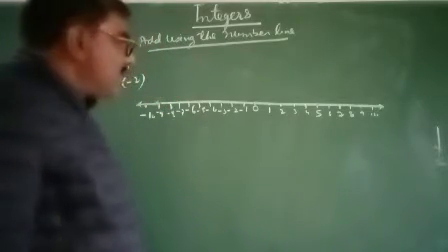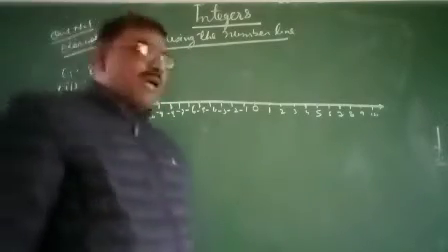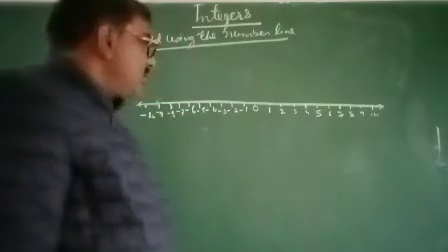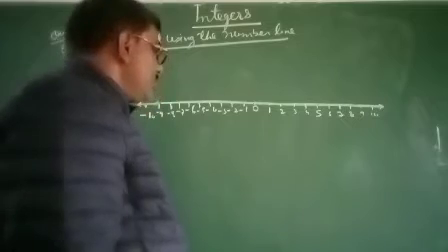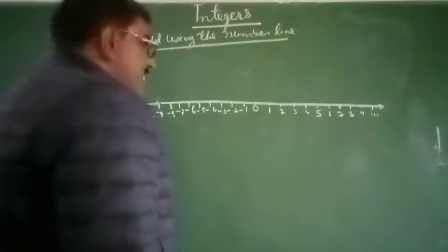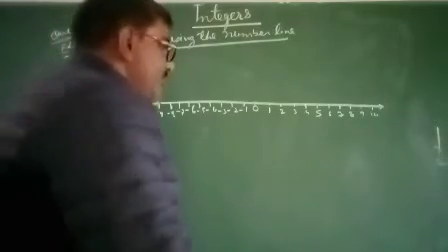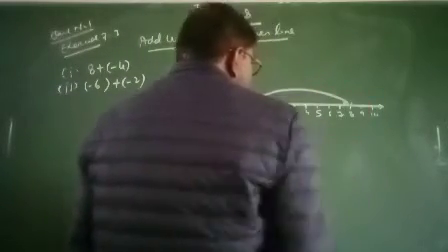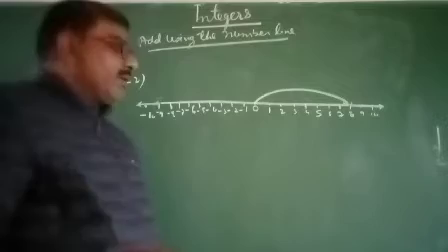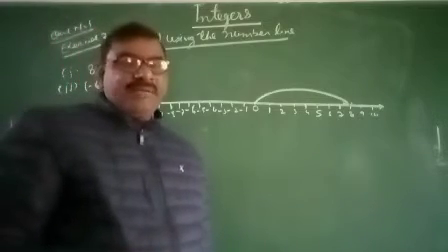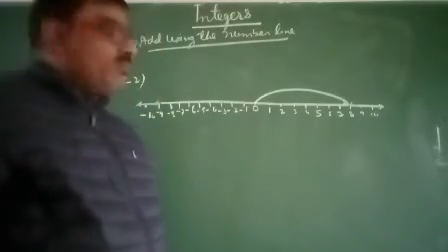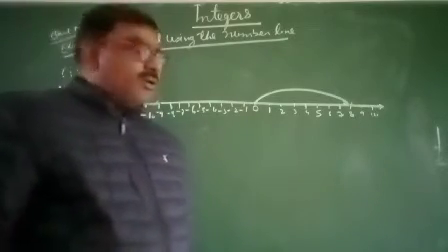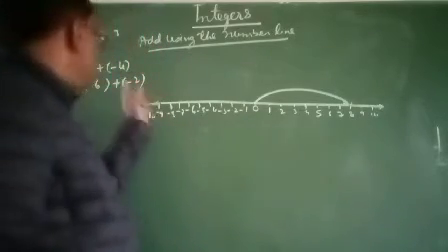So how to add 8 plus minus 4 on the number line? First of all, I will move 8 steps from 0. That is here. You move 8 steps and reach at 8. Now we have to add minus 4.